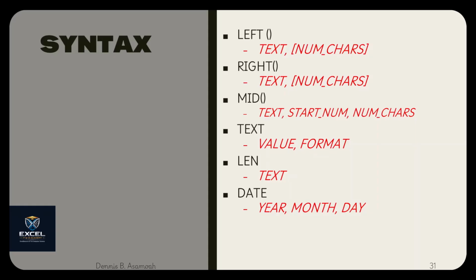Then we have the TEXT function, which has 2 parameters, value and format. We'll see how essential this function is and how it's able to format any value that you provide it. And then the DATE function has the year, month, and day parameters. These parameters are in that order, starting from the year and the month.